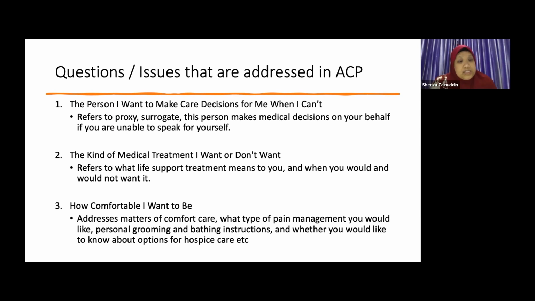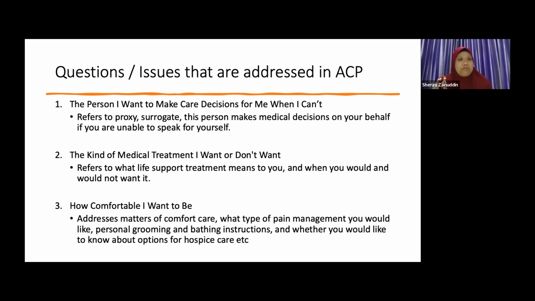And then the third issue would be how comfortable the patient wants to be. So what are the methods they look into for comfort care? For instance, symptom control. If they have pain, would they like to have opioids?